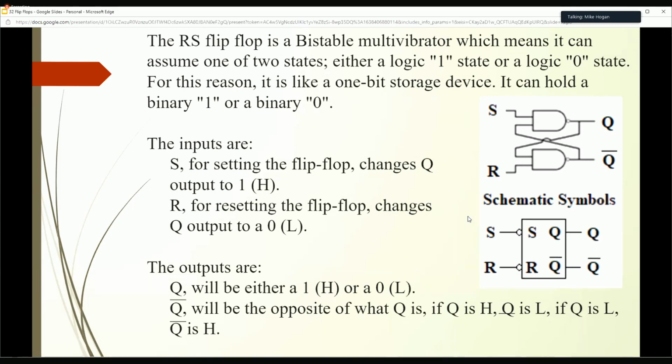What can you tell me about set and reset? You see anything that's different about set and reset? It's unique. It's familiar from our discussion about gates. But what do you see on the set and reset inputs?